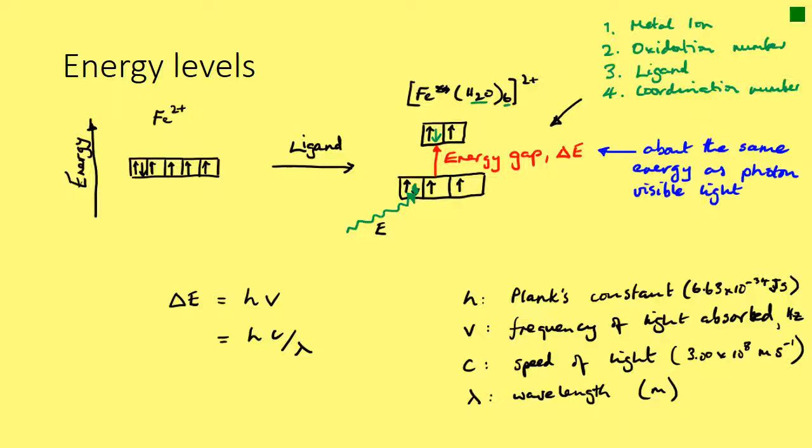So let's try and draw that pictorially. So what we want is to have our energy level here. So let's just give that a scale. And in a normal transition metal ion, let's draw an ion. So we've got 5 3d orbitals.